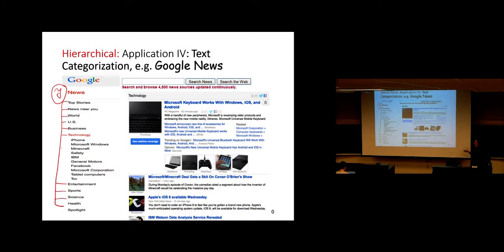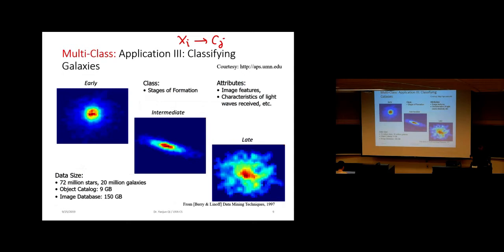And then another is hierarchical classification, which is your Y. It's not a flattened C1, C2 set anymore. So in the multi-class classification, your output is a set. There's no relationship among the classes.